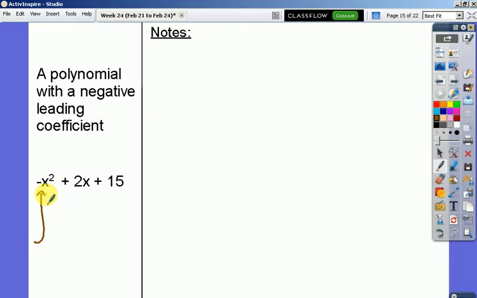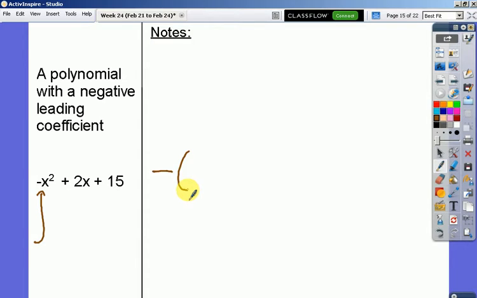Meaning that you don't want to deal with a polynomial that has a negative leading coefficient. Yeah? So in this case, I have a negative 1 as my leading coefficient. So what I want to do is pull out that negative. Okay? I'm pulling out that negative 1. I'm saying that that negative 1 is my GCF. And so I have to get negative x squared plus 2x plus 15 when I distribute that negative 1.